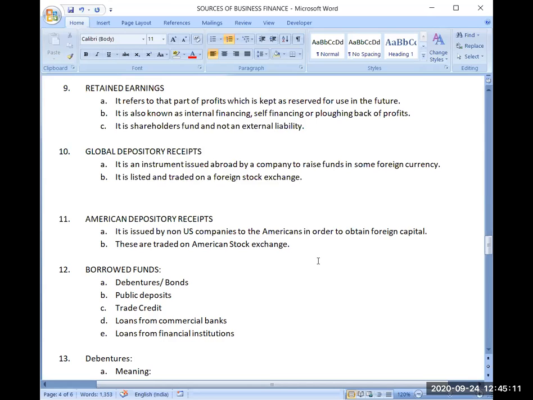Like in our country, two famous indexes are Sensex and Nifty. So the receipts, American depository receipts which you are issuing to the Americans, these will be listed and traded on the American stock exchange. So now I hope the difference between global depository receipts and American depository receipts is clear, and the purpose of both is also clear.